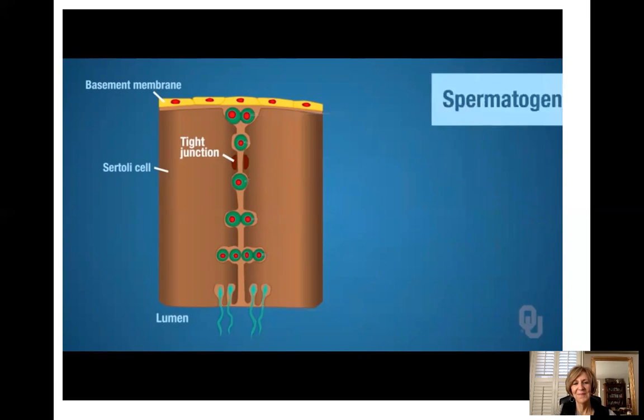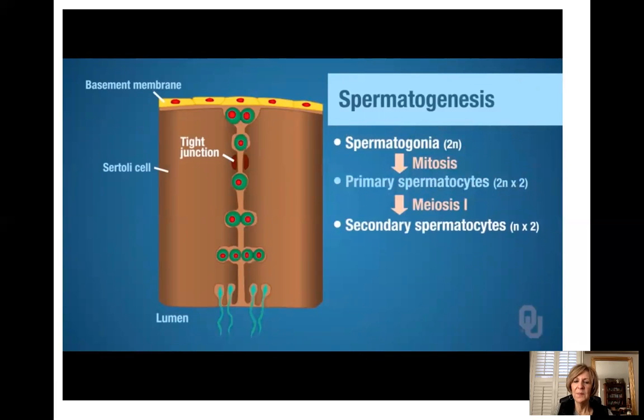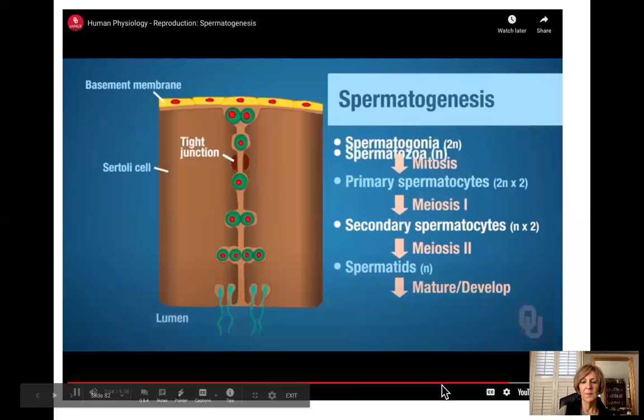Okay, this process, spermatogenesis, began with the spermatogonia. Mitosis took place. You produced primary spermatocytes, then meiosis 1 occurred to produce secondary spermatocytes, then meiosis 2 occurred to produce spermatids, then the spermatids matured and developed into male gametes, spermatozoa.